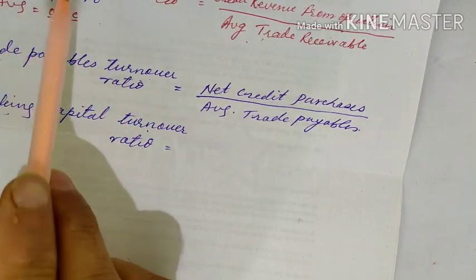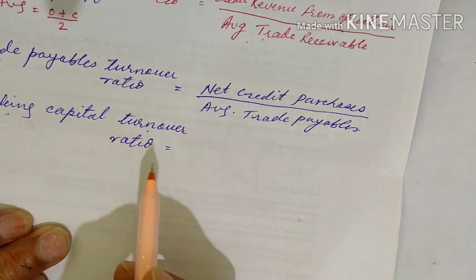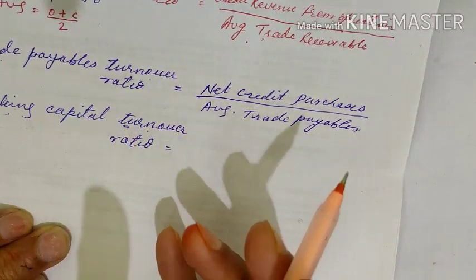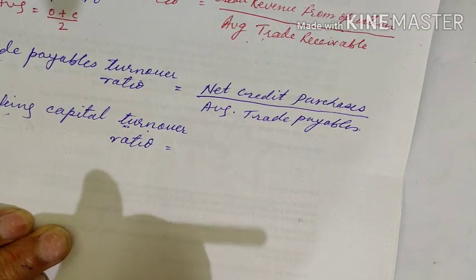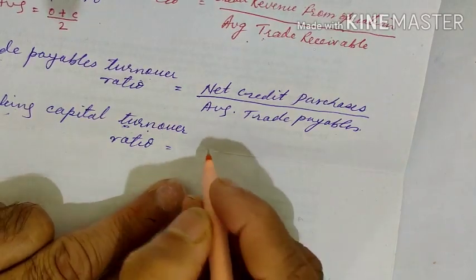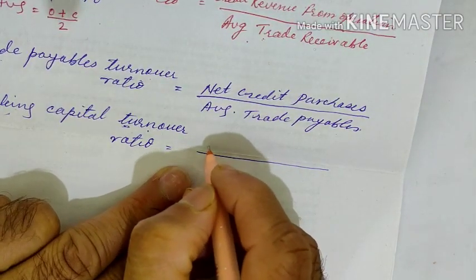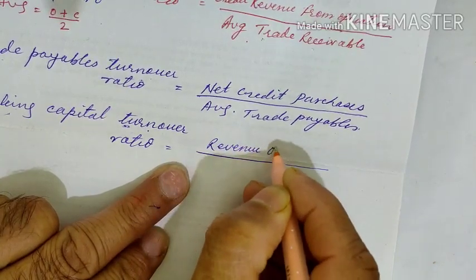Trade receivables, we can connect it to the sales. Working capital, we cannot connect it to anything else. But there is the word turnover, so we'll take the simple one. What is that turnover here? Sales. So you have the formula sales. Sales is known as revenue from operation.